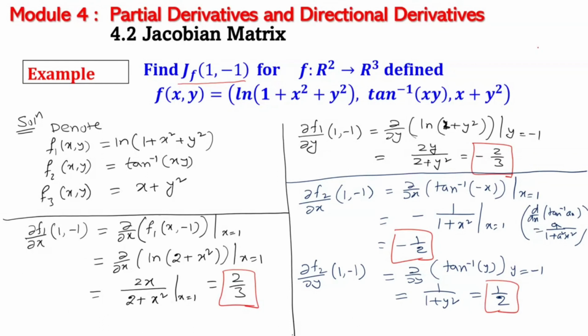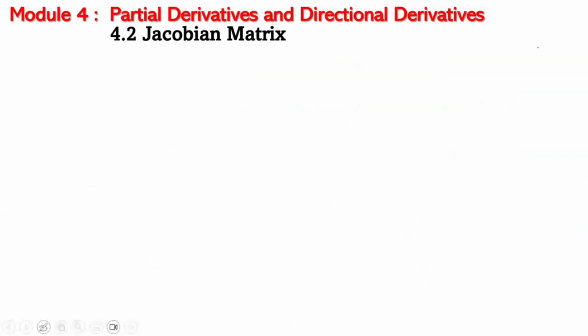Next, we will have del f3, which is very easy. del f3 del x at the point (1, -1).